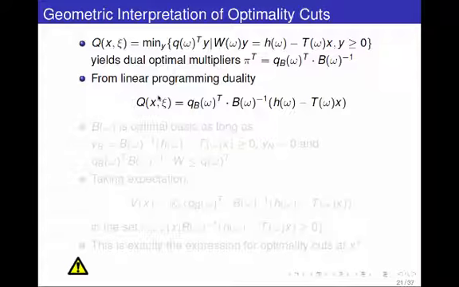Okay, so if I plug the xb over here, what I get is basically CB transpose B inverse (b minus N xn), plus Cn transpose xn.